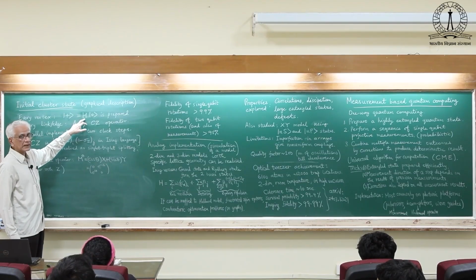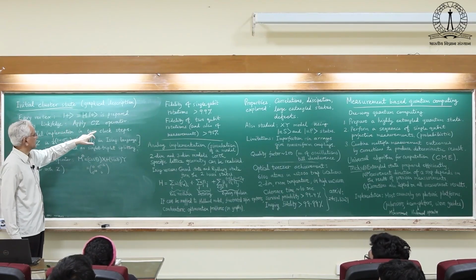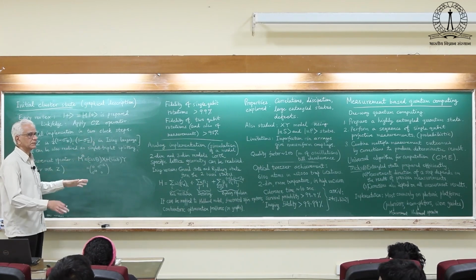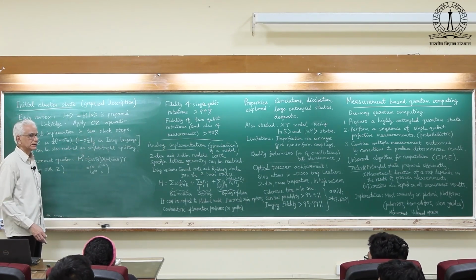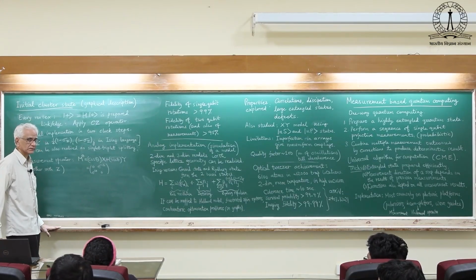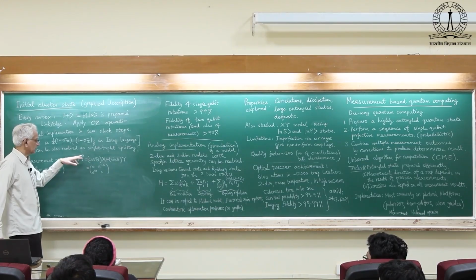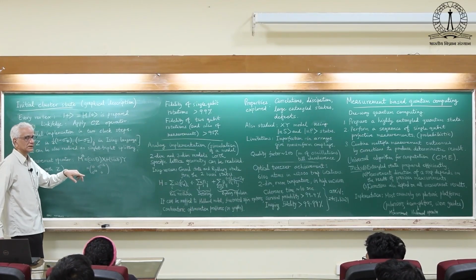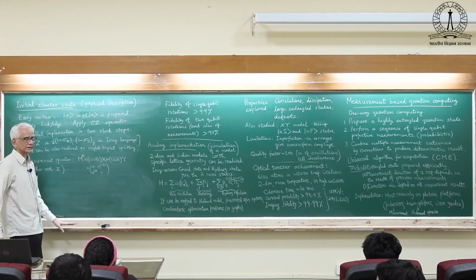You have the Hadamard operator and you have the control z operator. And they form a complete set for performing any logic gate transformation, except that here these are not logic gates, these are measurement operators. So, you have to now connect this measurement to how it will convert into a logical operation.